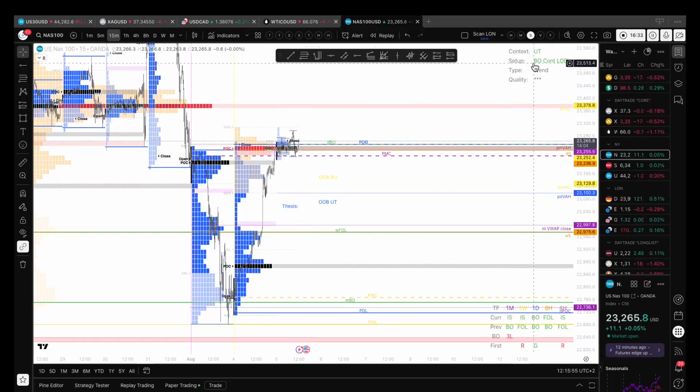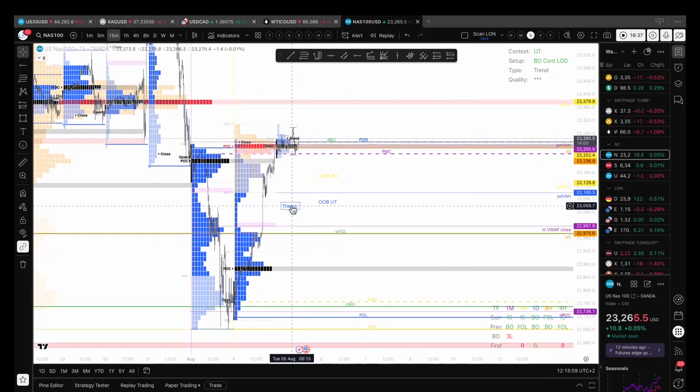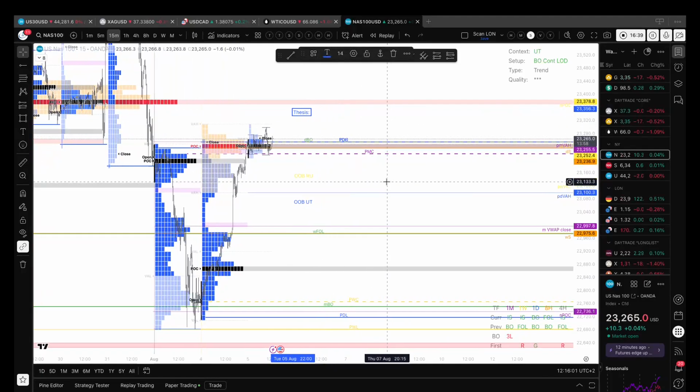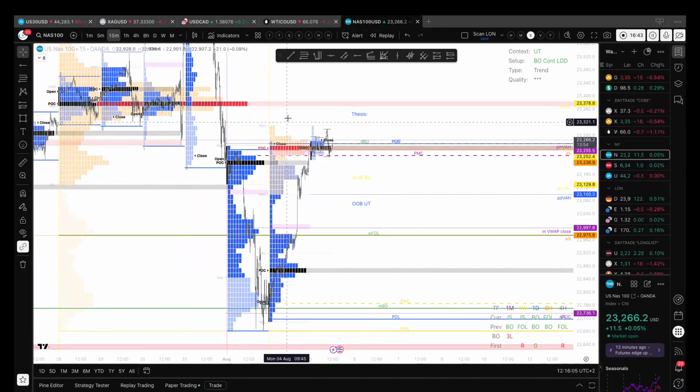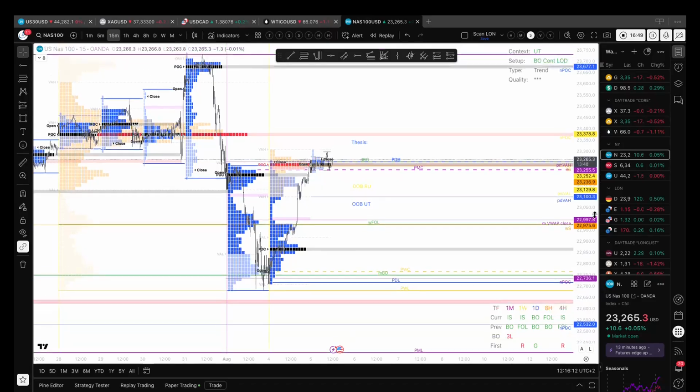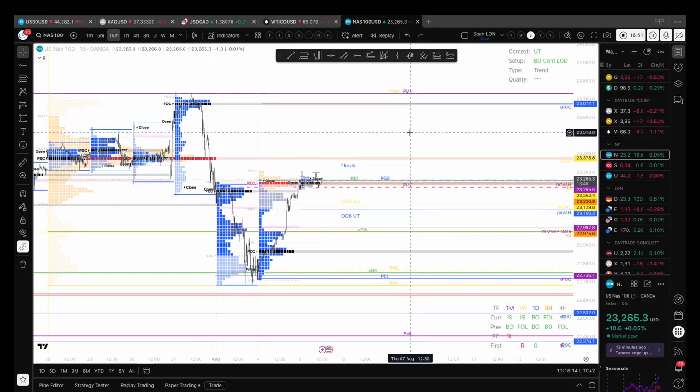On the other hand, it's all bullish for the moment. So uptrend, breakout continuation, low of day even. So this could potentially push further up, I would say. There is a naked point of control, but this is overall pretty weird situation.